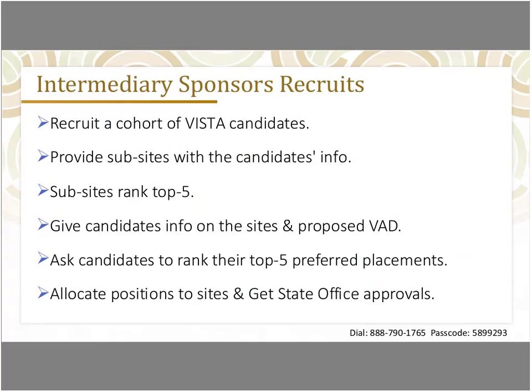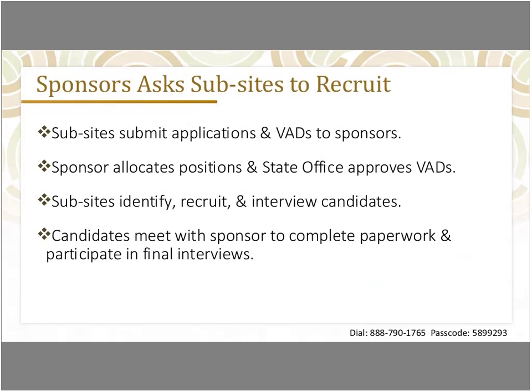The other way is the sponsors ask the sub-site to recruit. So with this, on our next slide, we have the sub-site submit the applications and the ads to the sponsors. And then the sponsors will allocate the positions, and then the state office approves that. Sub-sites identify, recruit, and interview the candidates, and then the candidates meet with the sponsors to complete the paperwork and to do the final interview. 2 different approaches.